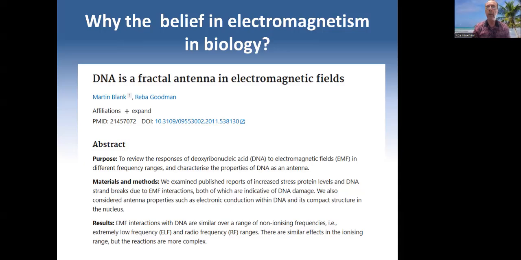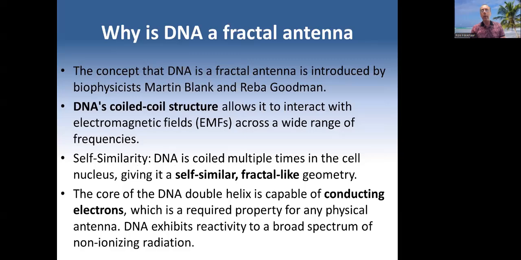Why is DNA so effective in electromagnetism in biology? If you type in Google the question, is DNA a fractal antenna? You get immediately the answer. And that was a concept that was invented by Martin Blank and Reba Goodman, because DNA has a coil structure.